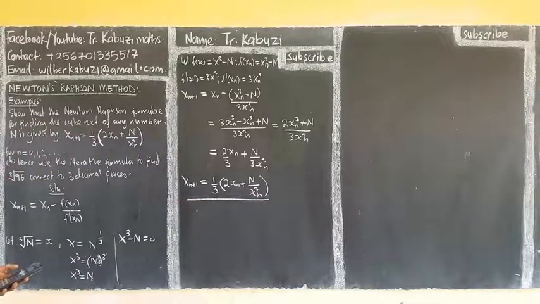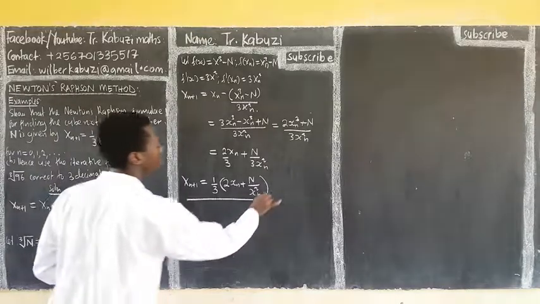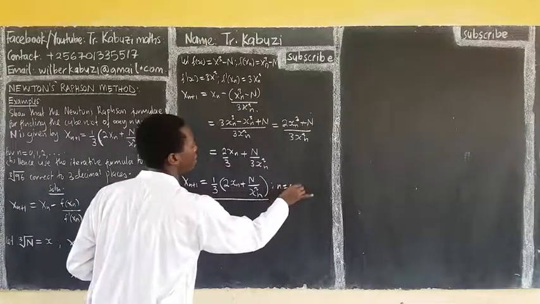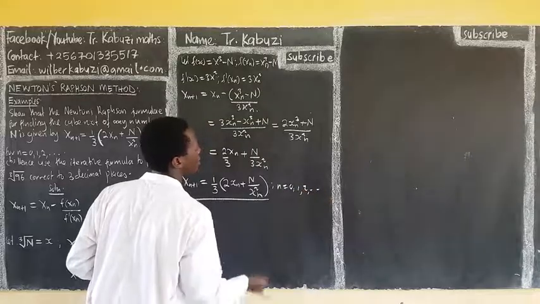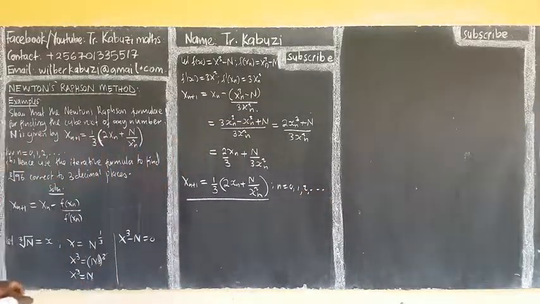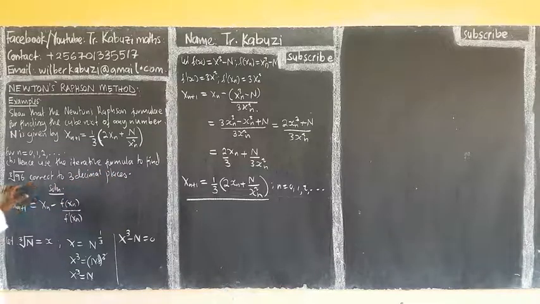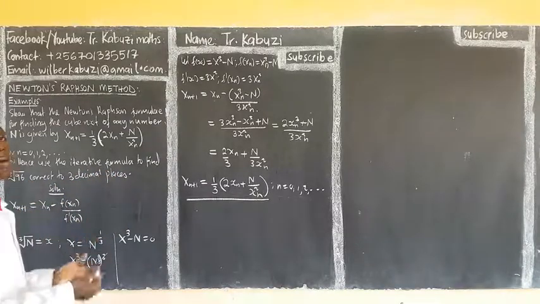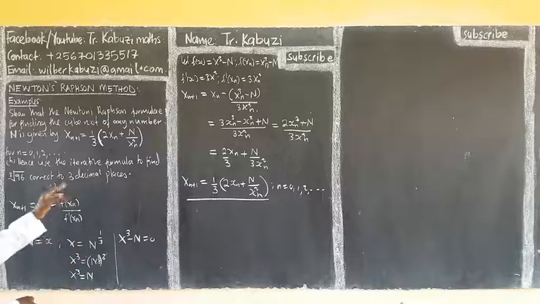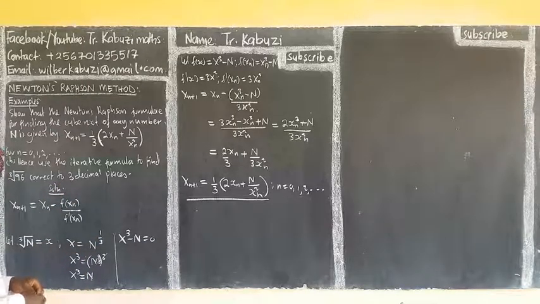So after doing that, for n equaling 0, 1, 2, and so on, now they want us to hence use the iterative formula to find this. The iterative formula is what we use to get the roots, correct to 3 decimal places.